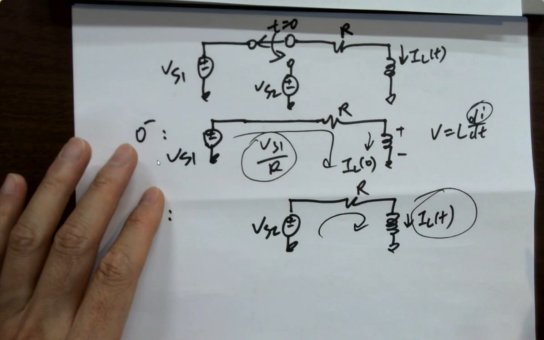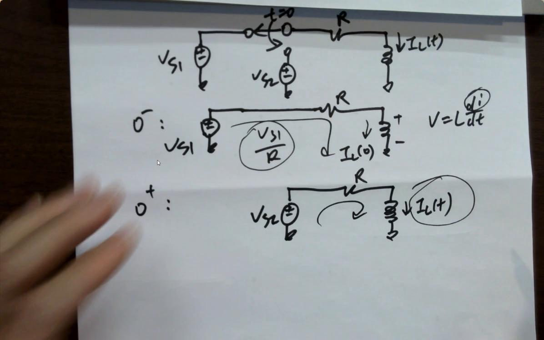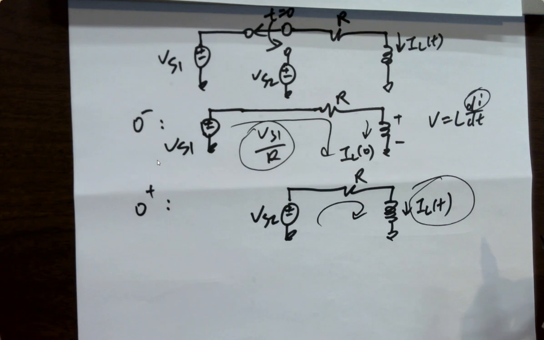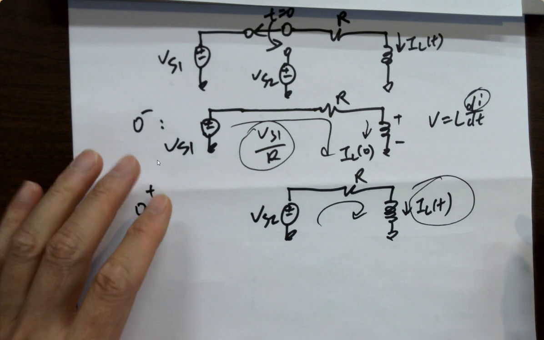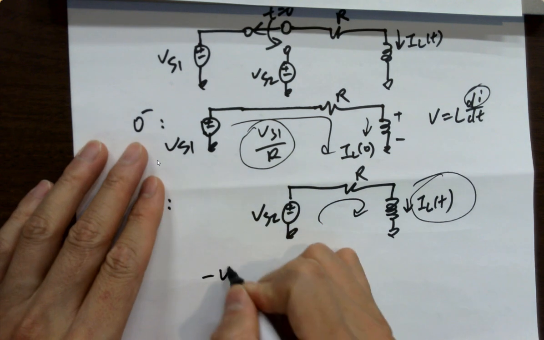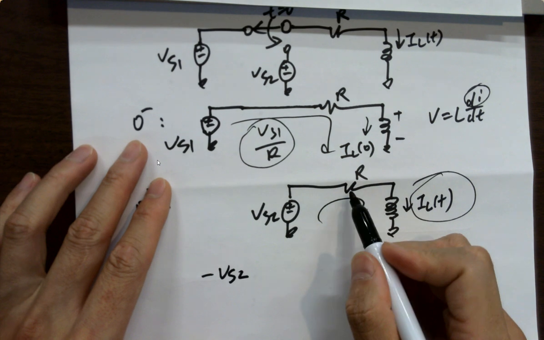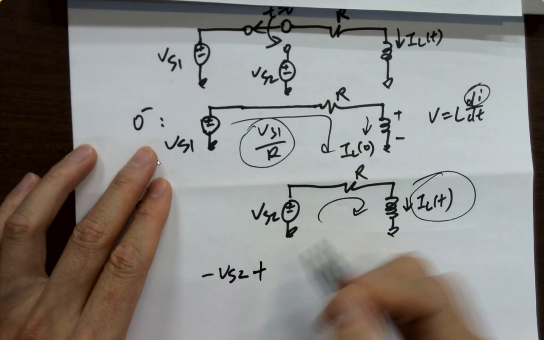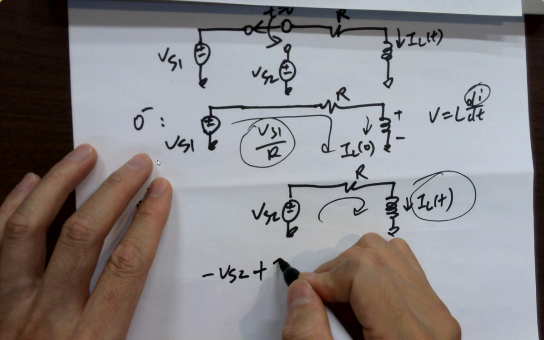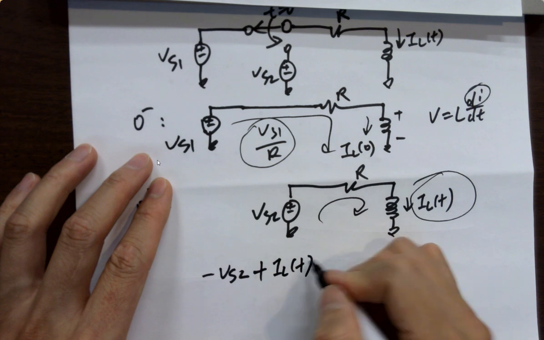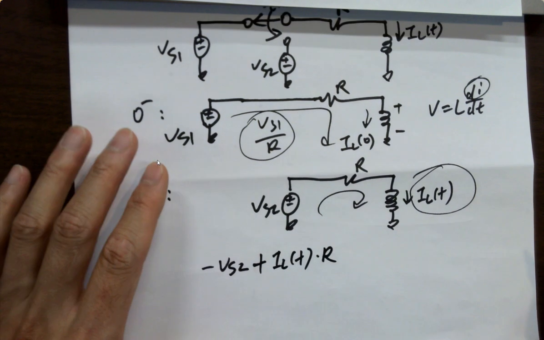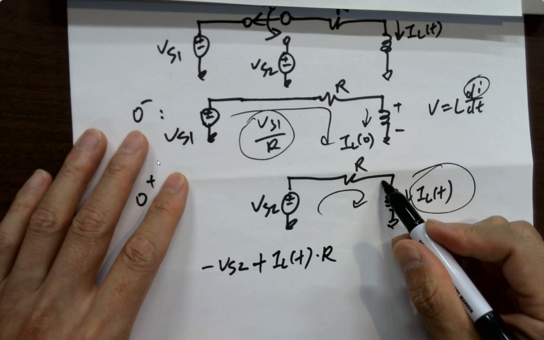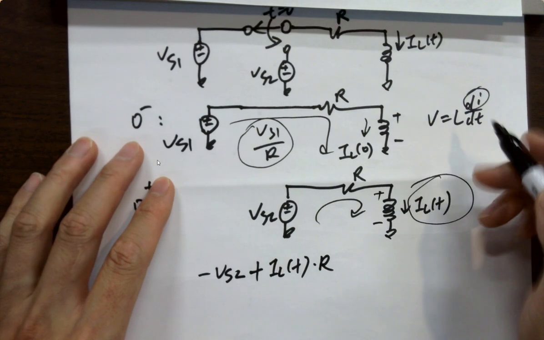KVL? It's just KVL. Just find the voltages, list the equation, and derive it. It's pretty simple, right? So what's the first voltage? Minus Vs2. What's the second voltage? It's just I times R. So what's the I? It's just i_L(t), whatever it is, I don't care for now. I'm deriving it. What's the inductor voltage? It's this thing, right?